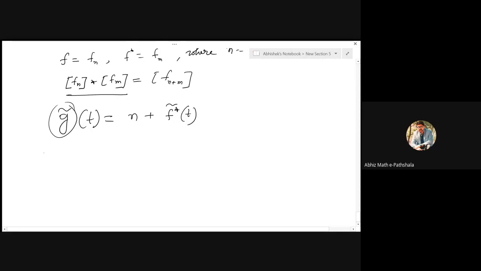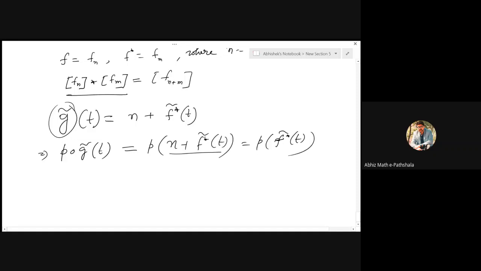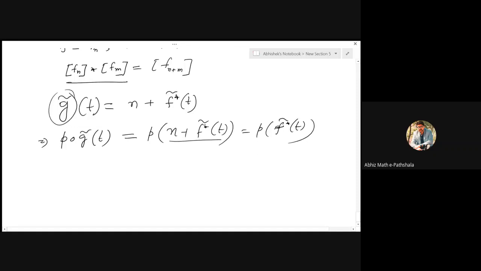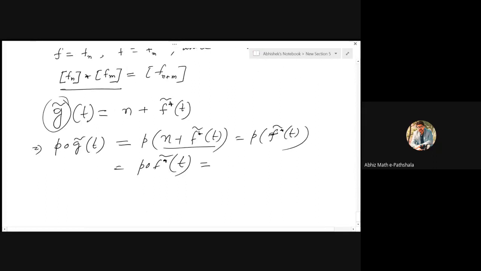Not only that, if you compose this map with p, then what you shall get? This is p of n plus f star of t. Now since p of t is e to the power 2 pi i t, this translation will give you the same thing. So this is actually f star tilde t. And then p composed with f star tilde will give you f star.